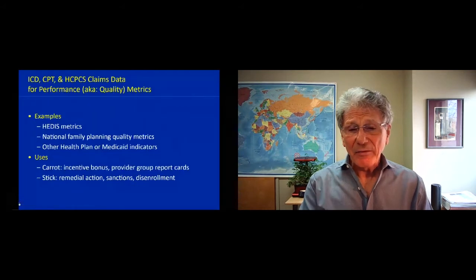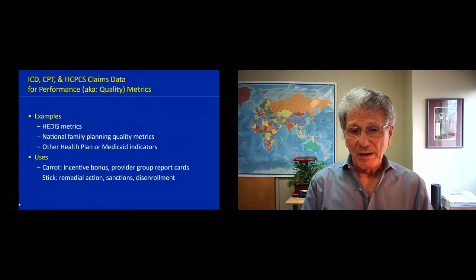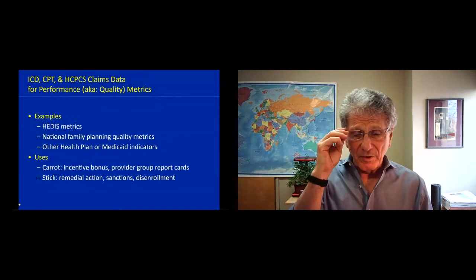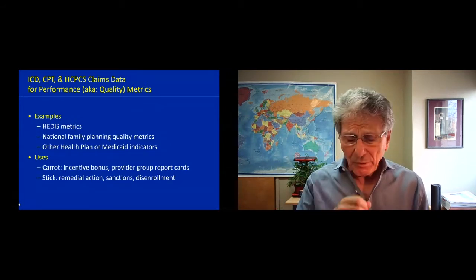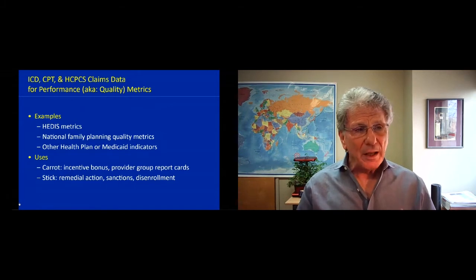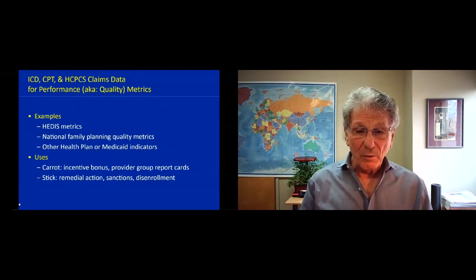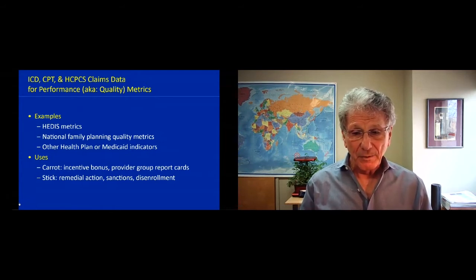Okay, now the last thing I want to mention about ICD-10s, and this also relates, by the way, to some of the CPT codes and the HCPCS codes. More and more we are being measured or graded on the quality of work that we do in our practice. You probably know about some of those metrics already.